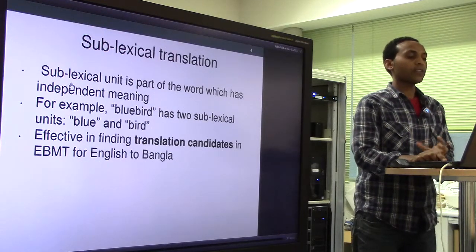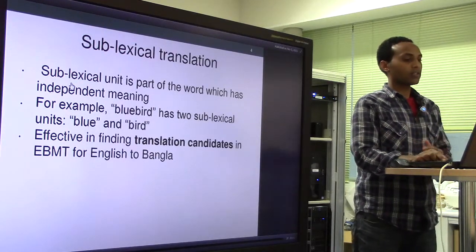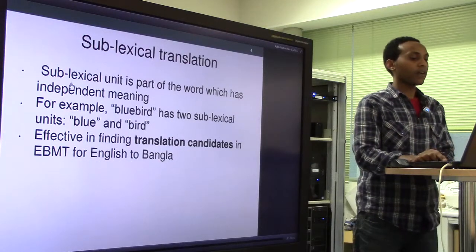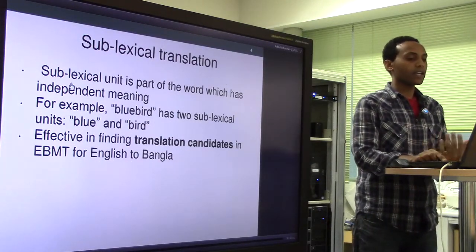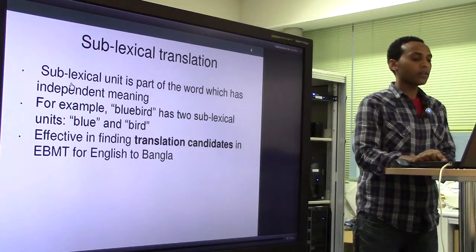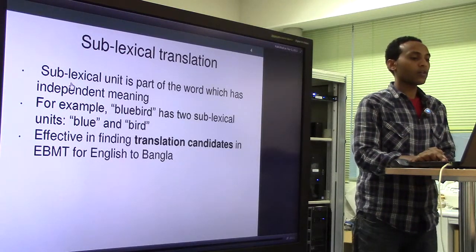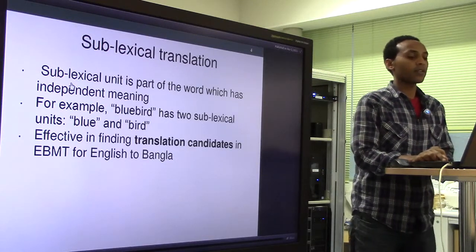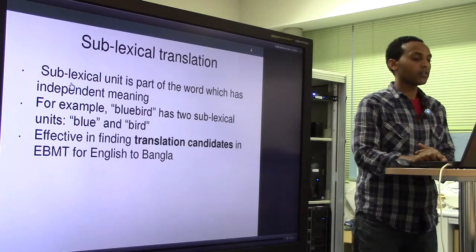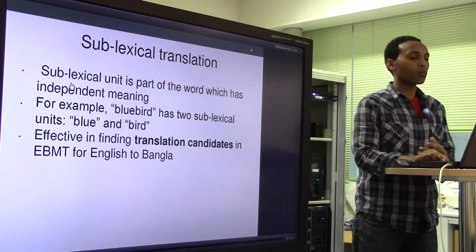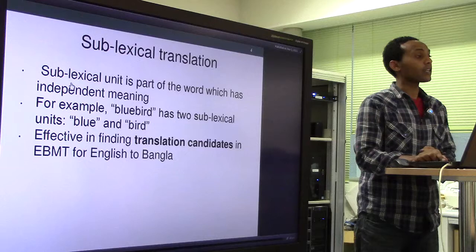Identifying this kind of sub-lexical units was effective in finding translation candidates during English-Bengali translation. The identification of those translation candidates was better when they divided a single word into its sub-lexical units.